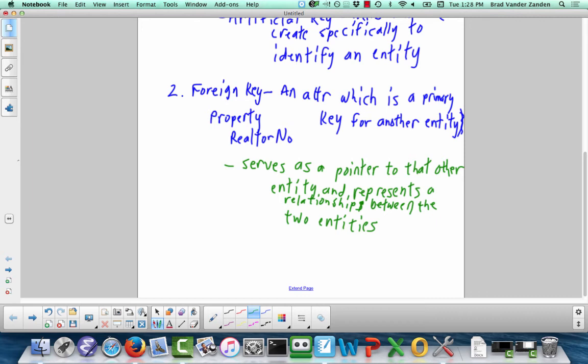And because keys represent redundant information, we want to store a key as compactly as possible because it's going to be duplicated in multiple places in our database. Therefore, we don't want to waste a lot of storage on them. So that's another reason that we tend to come up with artificial keys that we can compactly represent.